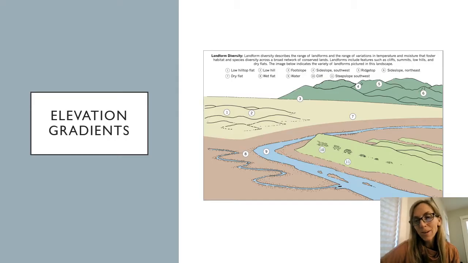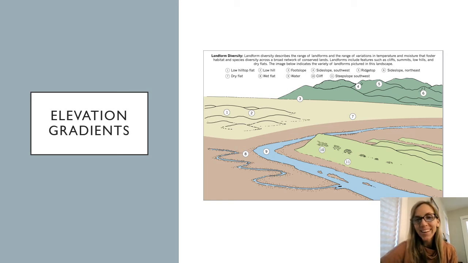So we've talked about now the diversity that results from latitudinal differences. Let's talk a little bit about elevation gradients. We know that mountains cover about 25% of the Earth's surface. That creates a lot of different climatic conditions in a localized area, so both elevation and slope aspect contribute to the diversity that we see.